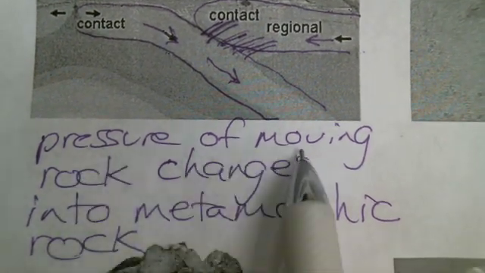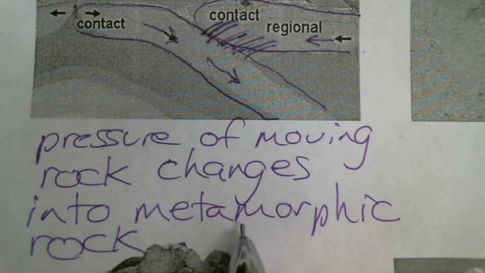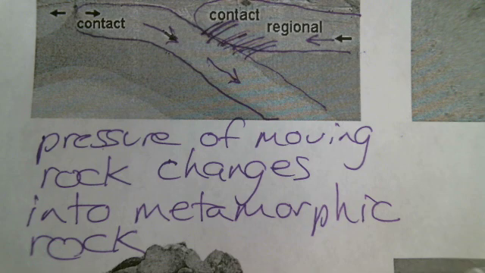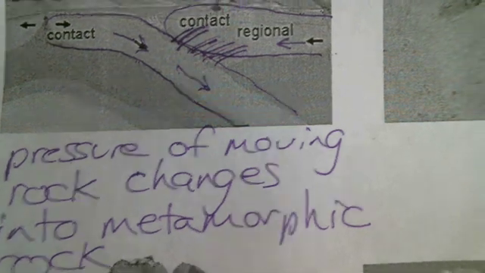Okay, so the pressure of the moving causes rock to change into other metamorphic rock. So either heat or pressure causes things to change into metamorphic rock.